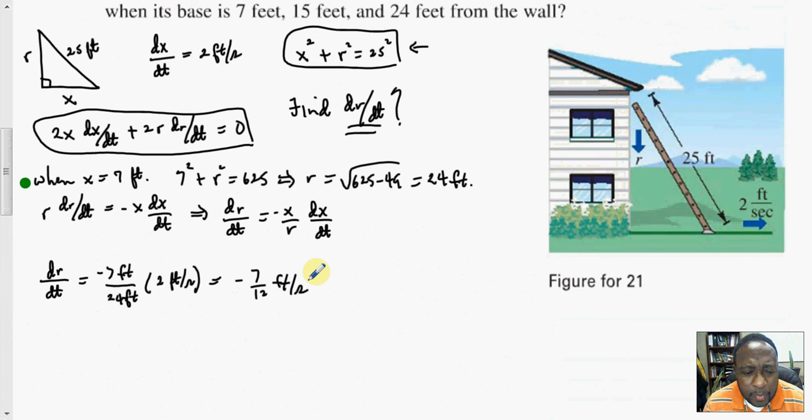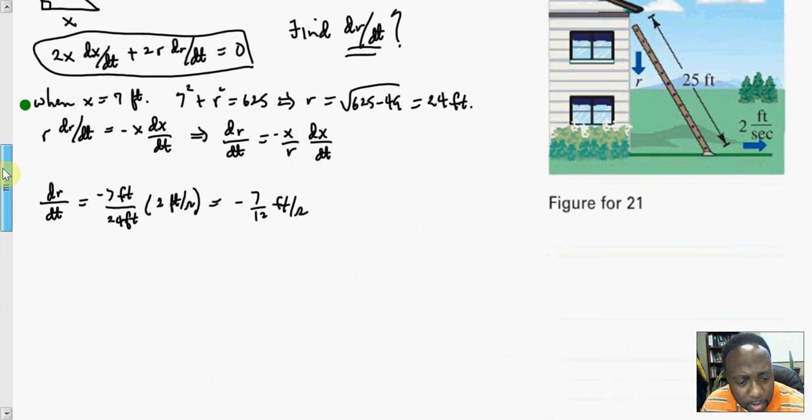Okay. That looks good. So for that, it's going to be x over r. Okay, good.